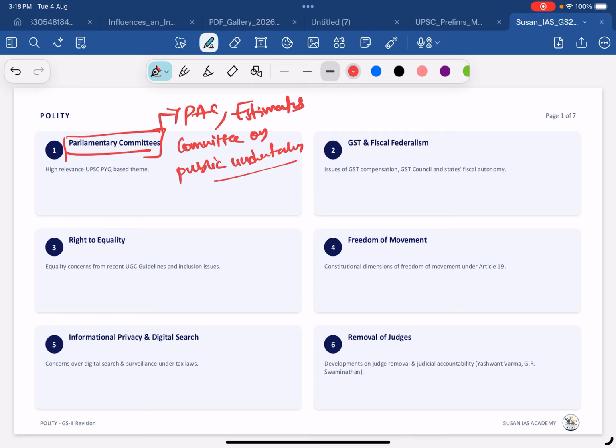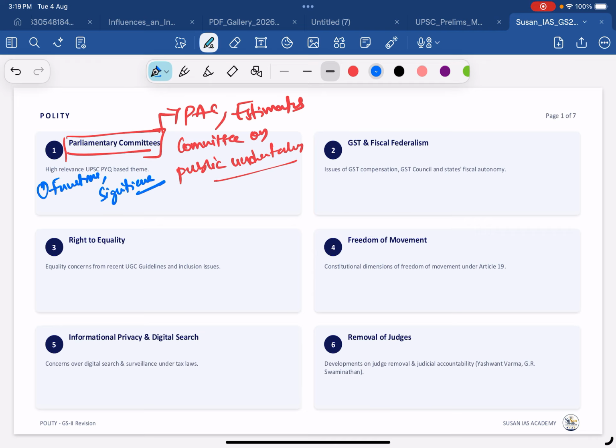Questions can be asked from these committees, so we have to make our notes and be ready to write on their composition, appointment, tenure, functions and significance, their role in executive accountability, recent declining parliamentary scrutiny, and issues with referring bills to the committees.